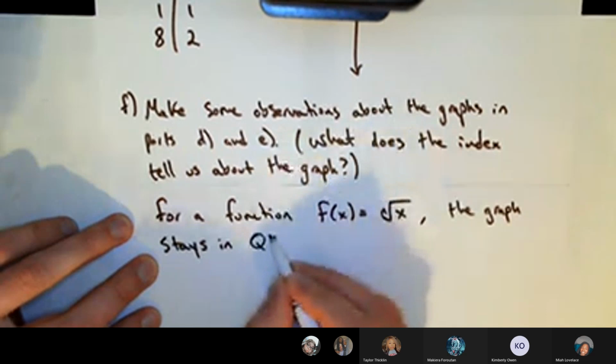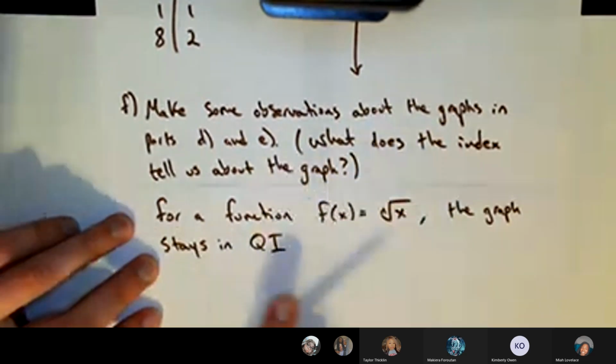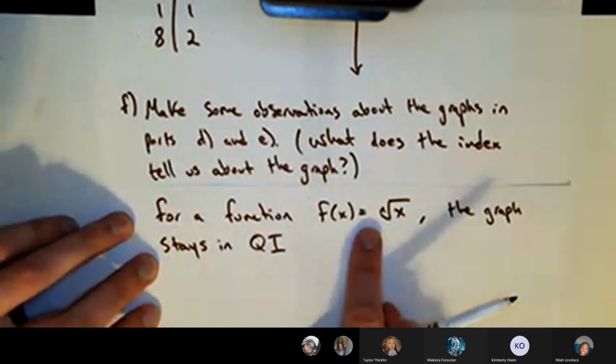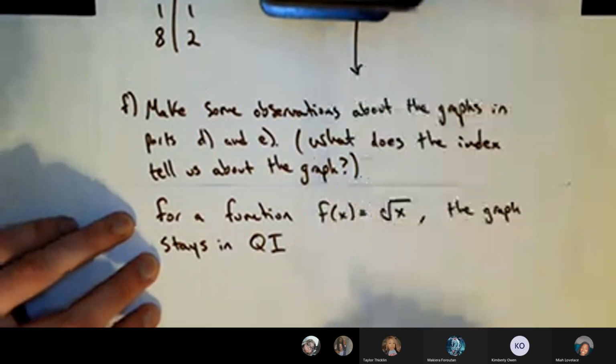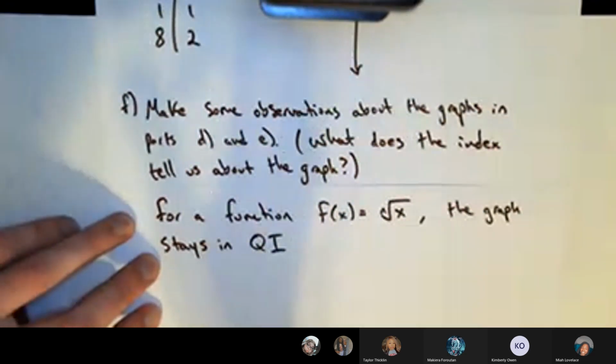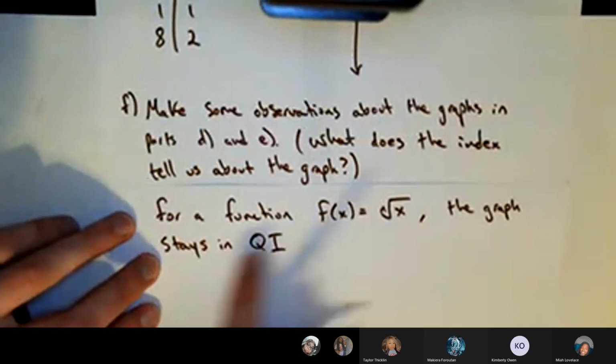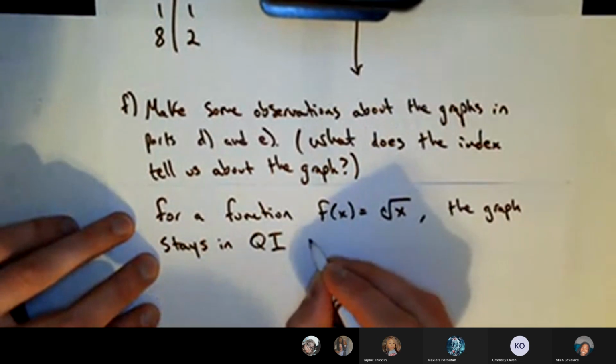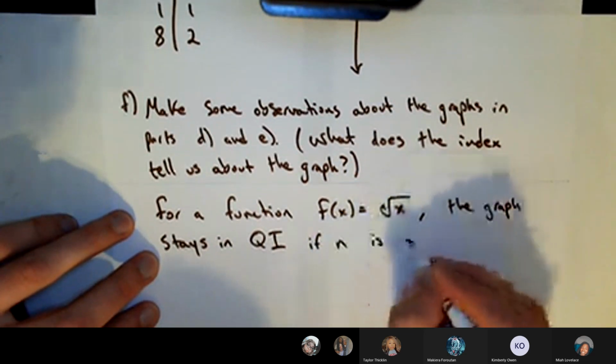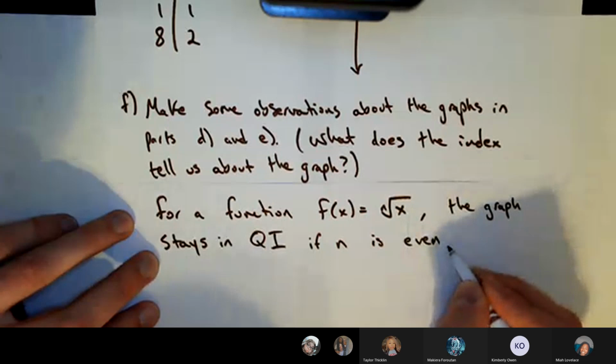I'm going to say this, but there's a stipulation: if you negate the square root of x function, it can flip over and stuff, but this is fine. The graph stays in quadrant 1 if n is even, right? That's the ones we saw there.